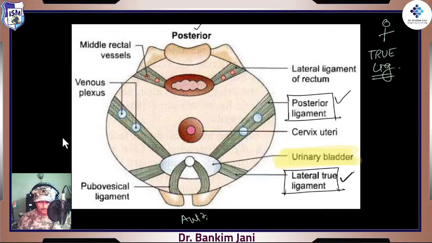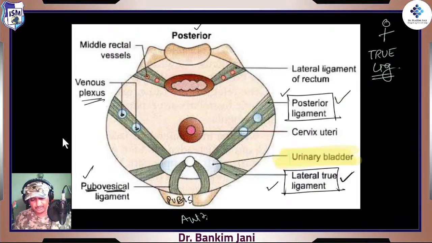Fine. From pubis to bladder, that is what is called the pubovesical ligament, because this one would be the pubis. So pubovesical, lateral, and the posterior ligament. That is done. When we'll be discussing the veins, at that point this will come into the picture. That is, these venous plexuses are in the posterior ligament. We'll keep it in one corner of the mind.